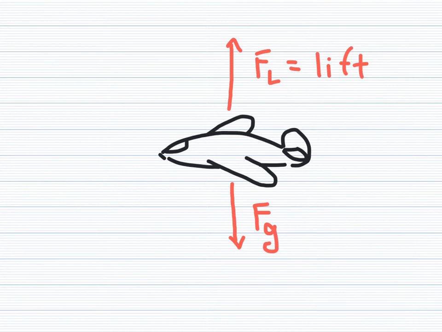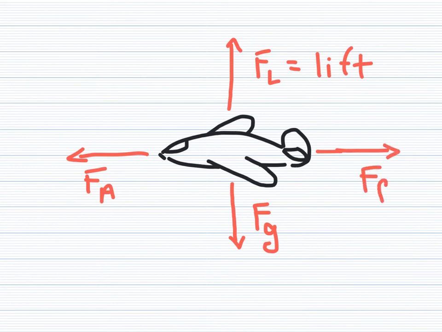To make the airplane go to the left, we have to have our applied force. This is usually given by the engines, or the jet engines, or the propellers, or whatever it is. And if the plane isn't speeding up or slowing down, it's flying at a constant speed, that has to be balanced just by the frictional force.